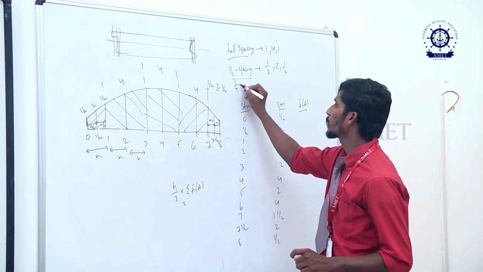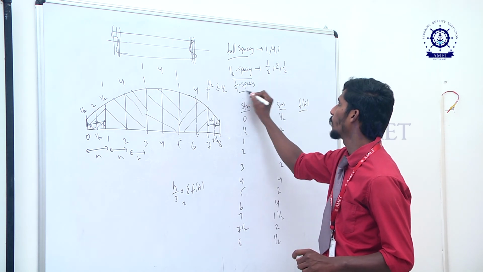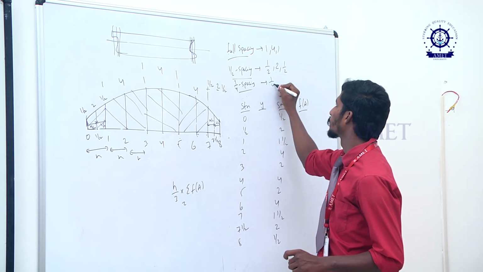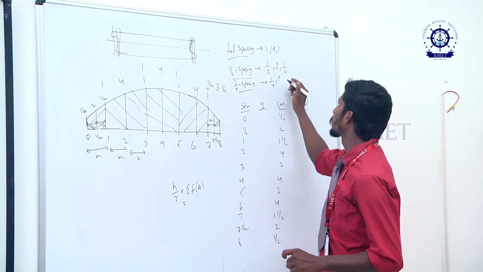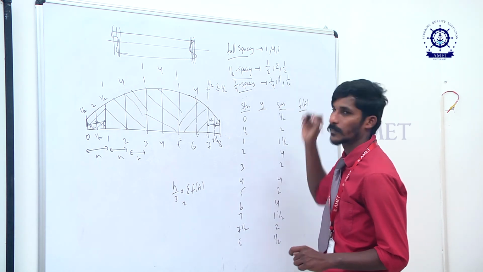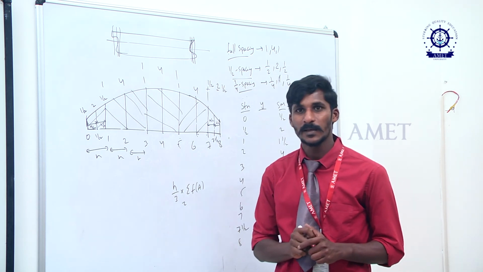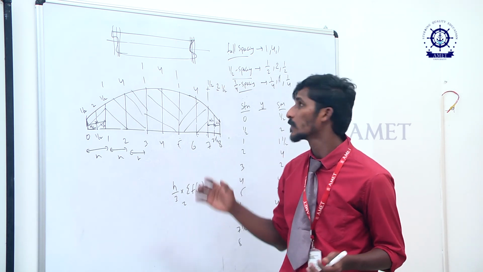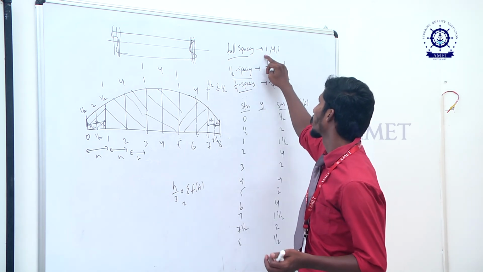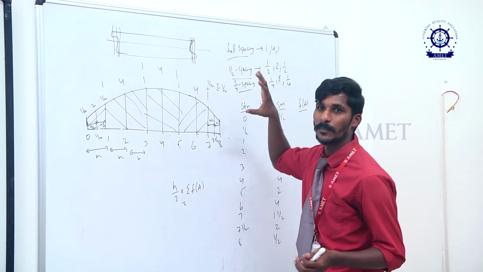If the spacing between the ordinates is a quarter, it should be divided by 4, so it becomes 4 by 4, which is 1, and 1 by 4. Half spacing is divided by 2 relative to full spacing, and quarter spacing is divided by 4, so the multiplier becomes this.